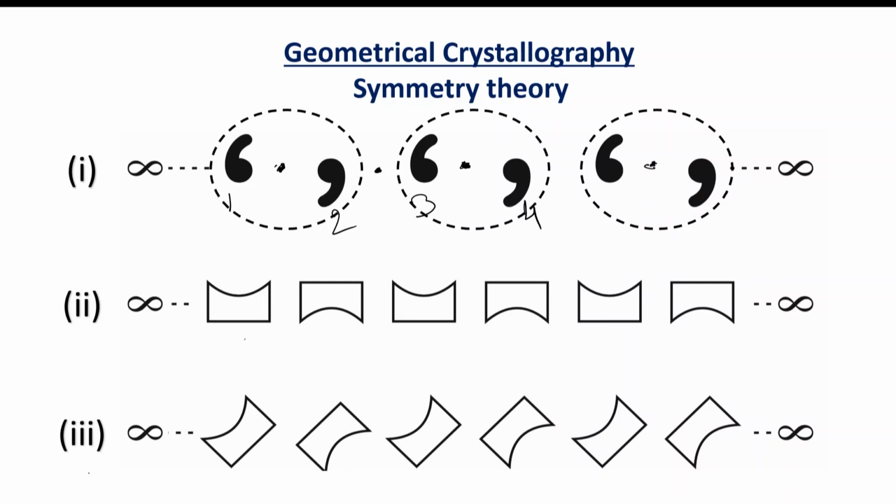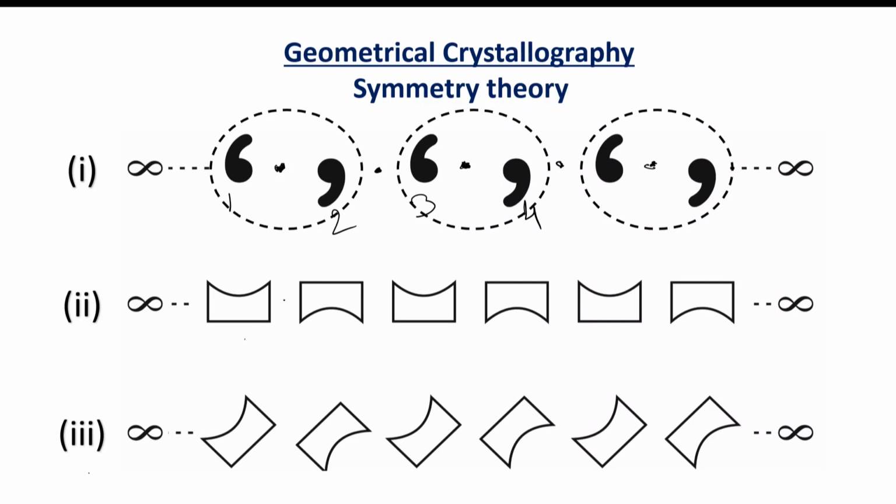So like this I can generate 1, 2, 3, 4. Even though apart from translation no crystal is possible, apart from translation you can have other symmetry elements, like the rotational symmetry we are looking into here. The rotational symmetry can give you 2 from 1, 3 from 2, 4 from 3, and so on and so forth.